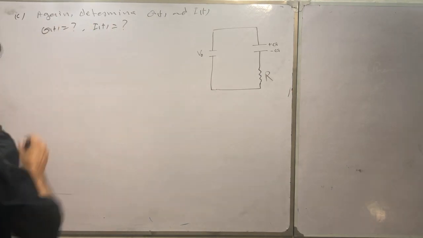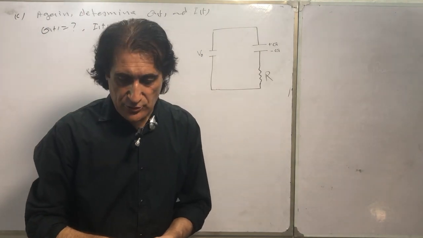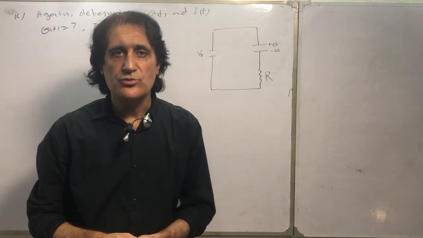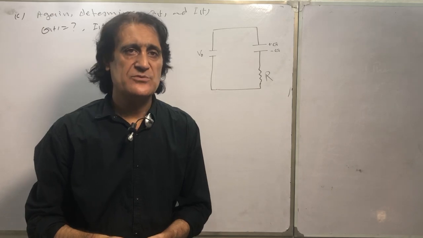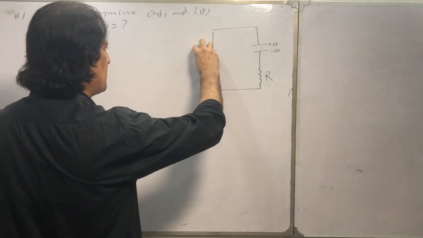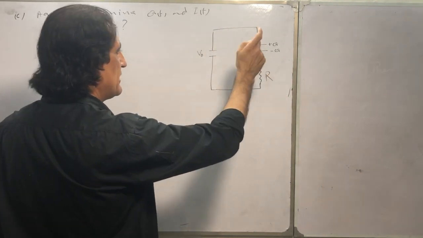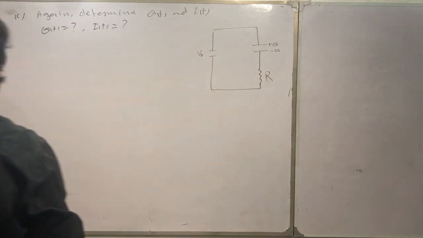We need to use Kirchhoff's voltage law again, because this potential is equal to the potential of this and the potential of this.